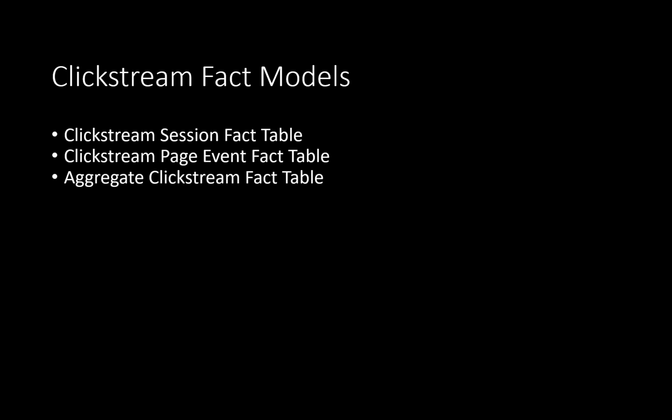To create this fact table, there are a few things we need to do. The first fact table we discussed, the clickstream session fact table, is based at the individual session level. To create this fact table, we can use the fact table which we already created in the first step. We group that fact table by month, demographic type, entry page, and session outcome.